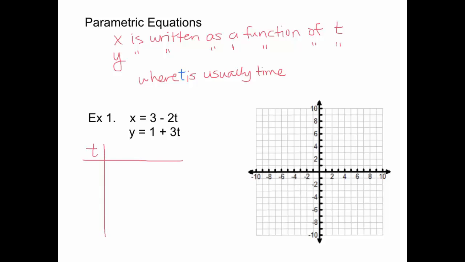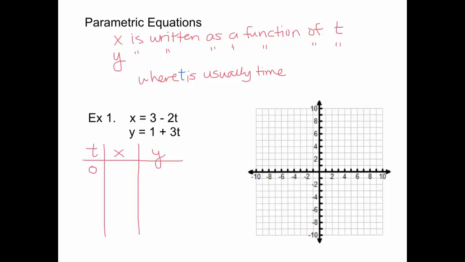Now when you're making a graph for a parametric equation, normally you pick some points to plug in, then you plot those points, and you get this graph. With t being, in this case, time, it does matter where you start and stop. So I'm just going to start at 0 to begin with, and then that's going to get me an x value and a y value.